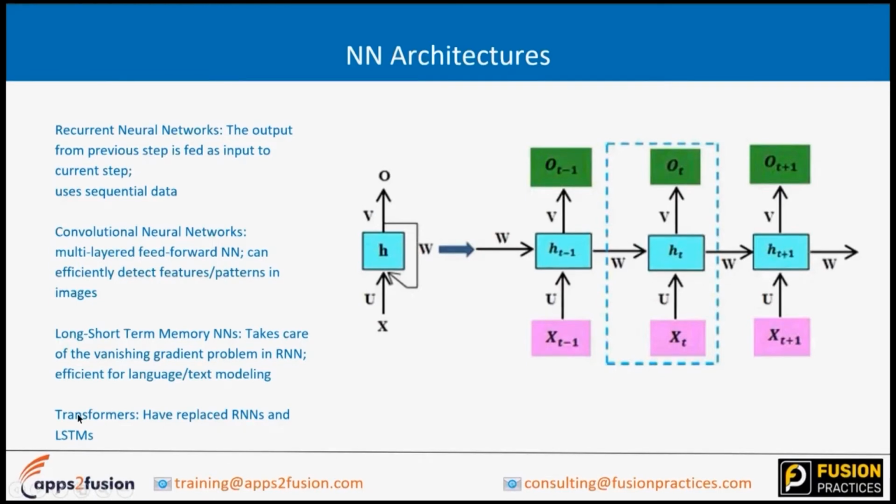So in case of transformers, these have already replaced recurrent neural networks in the market, and people now use transformers. And LSTMs are now conventional.